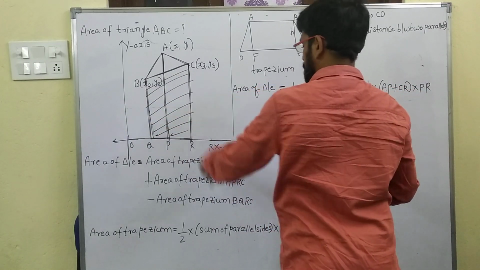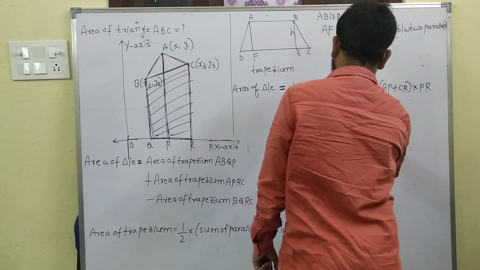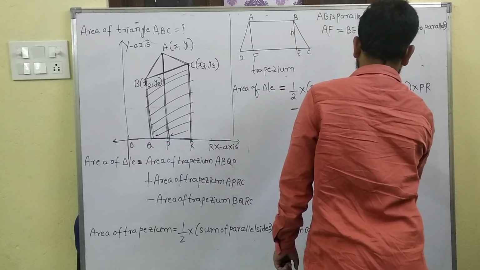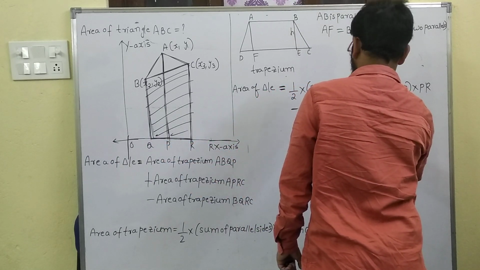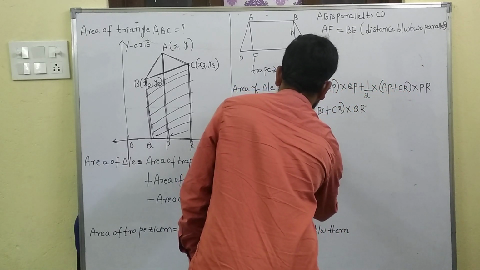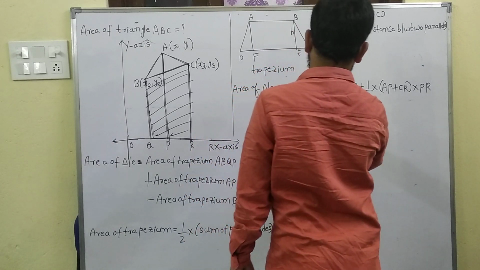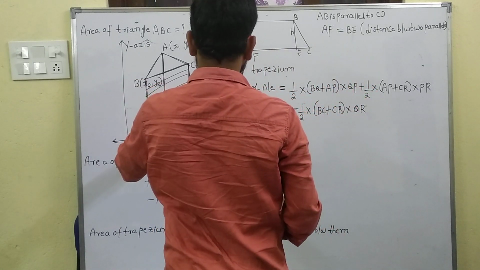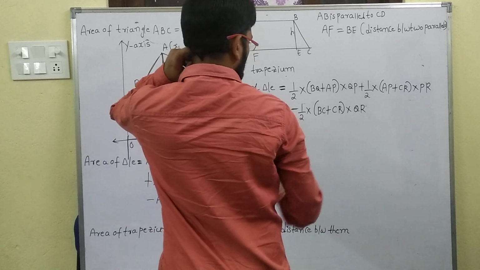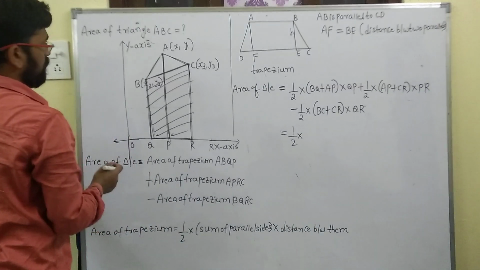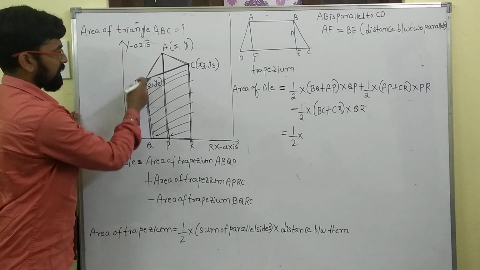BQ and CR are parallel lines, and the distance between them is QR. So that is half into BQ plus AP. This is parallel to the y-axis.